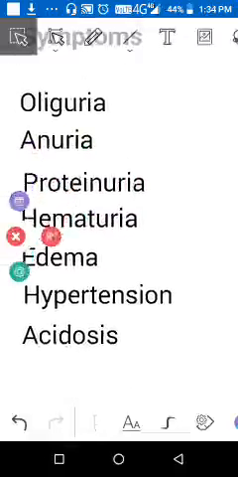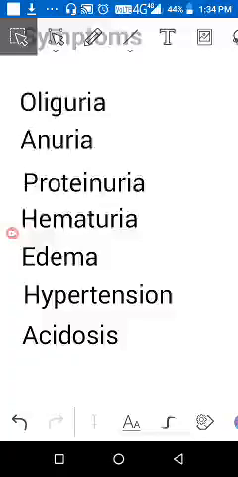And next one is acidosis. What is acidosis? Acidosis, we have already discussed, is the accumulation of the acidic components in the blood, right? In all metabolic processes, we know that there is the release of carbon dioxide.